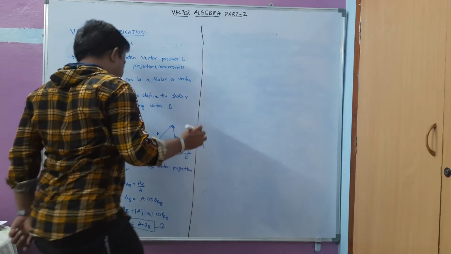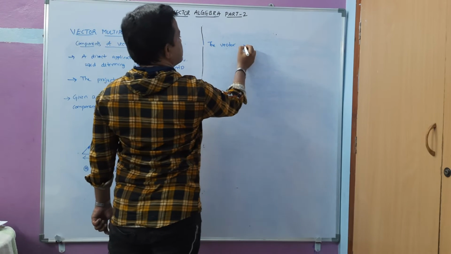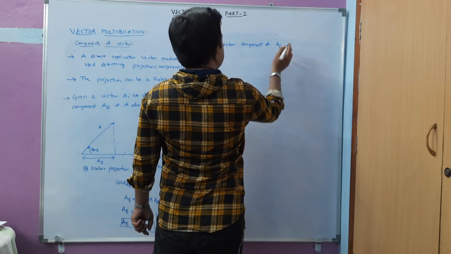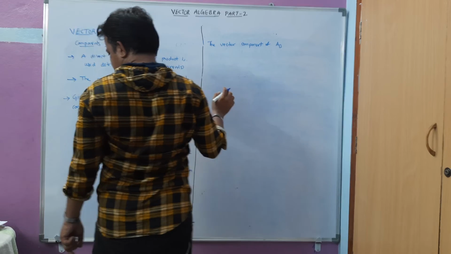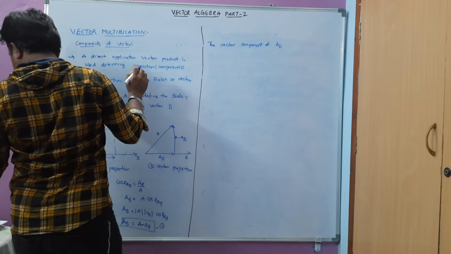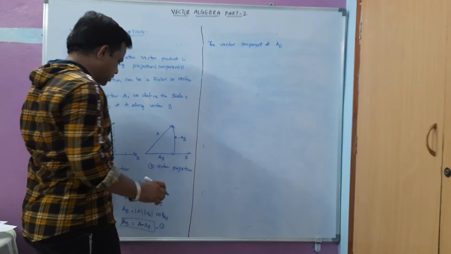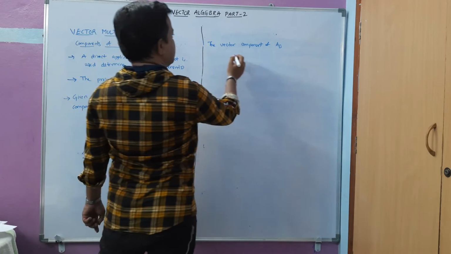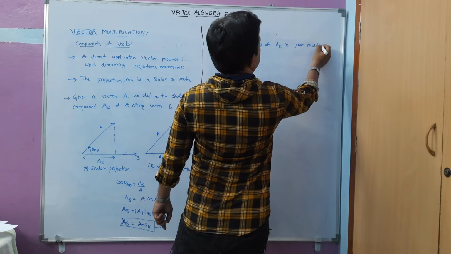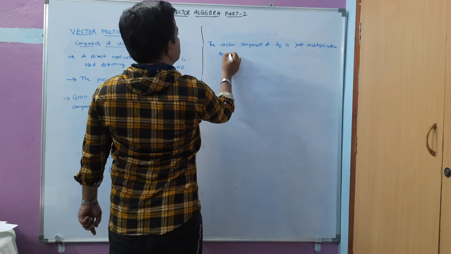Now the vector component of AB, next similarly we can get the vector component of AB by simply multiplying, we are going to multiply this AB, that is unit vector AB, along this equation. Okay, we will get the vector component. Okay, the vector component of AB is just multiplication of AB to equation 1.